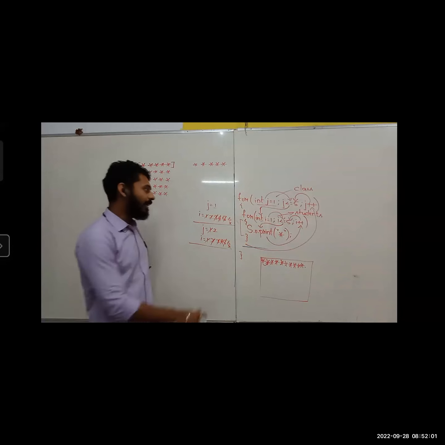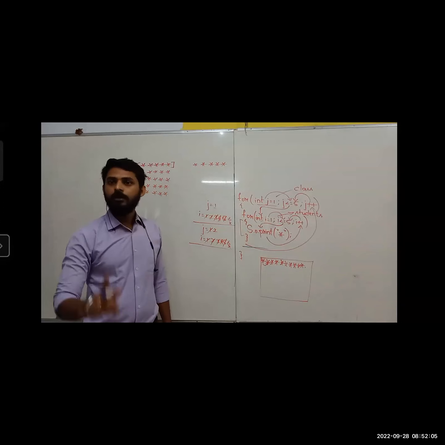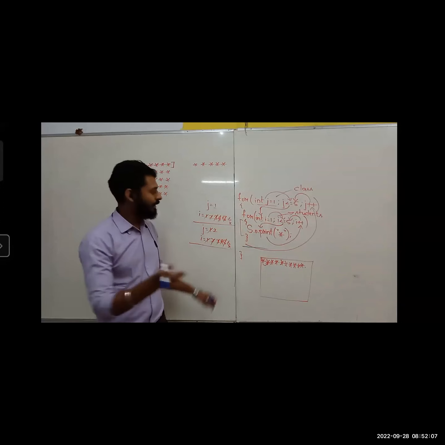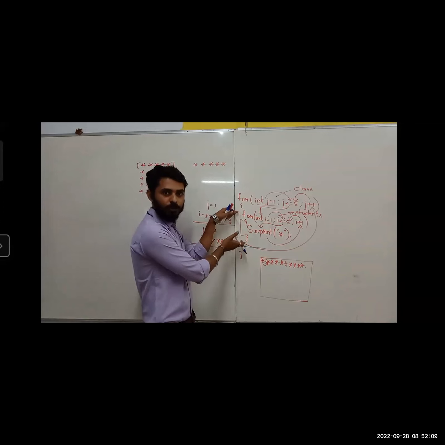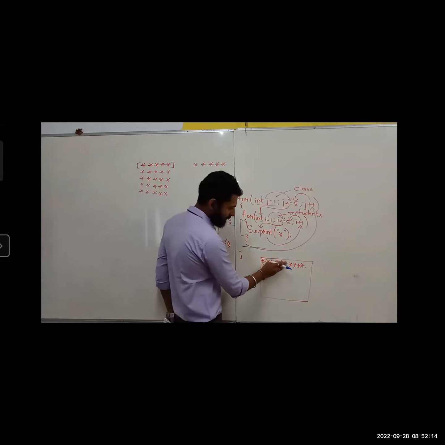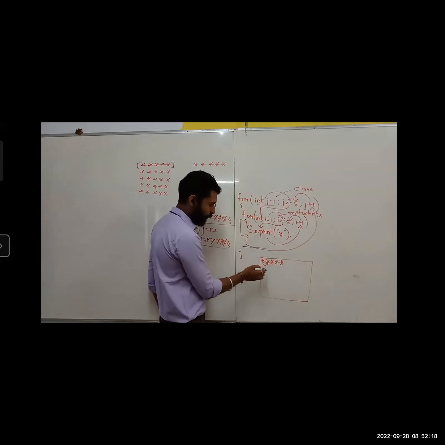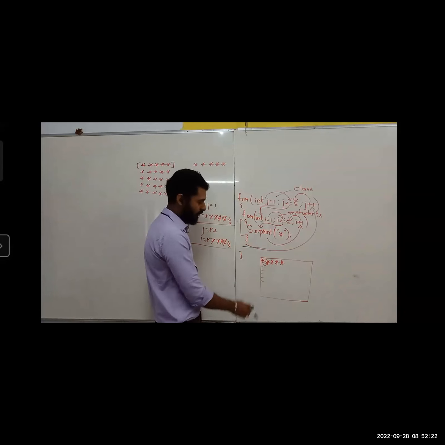After doing that, how many times should you come to the next line? After this much is done, should you come 5 times to the next line? Assume that this is not there. After this much is done, you don't want 5 gaps and then print the next line. No, right?